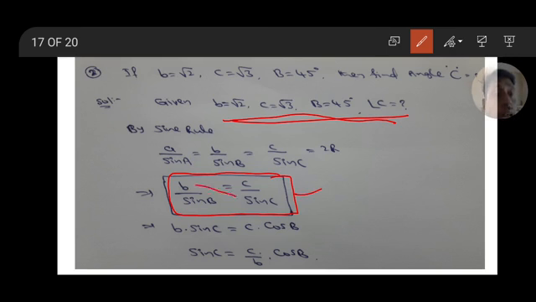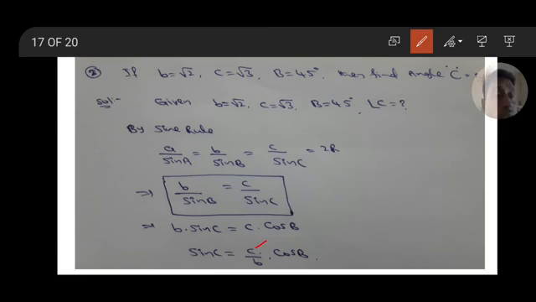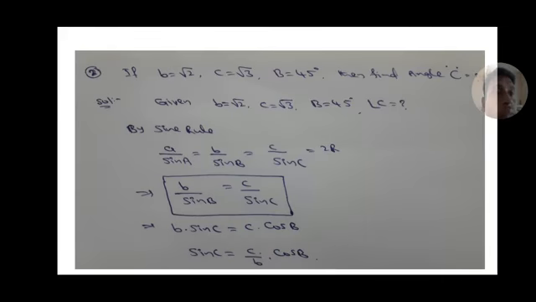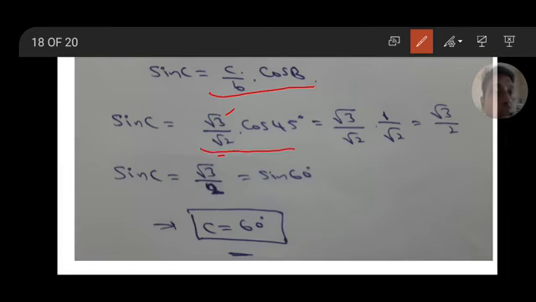Cross multiplication: b into sin C equals c into sin B. So sin C equals c by b into sin B. Substitute the values of c, b and capital B. So sin C equals c by b sin B, where c is root 3, b is root 2, and capital B equals 45, so sin C equals root 3 by root 2 into sin 45. The value of sin 45 is 1 by root 2, so root 3 by root 2 into 1 by root 2 is root 3 by 2.